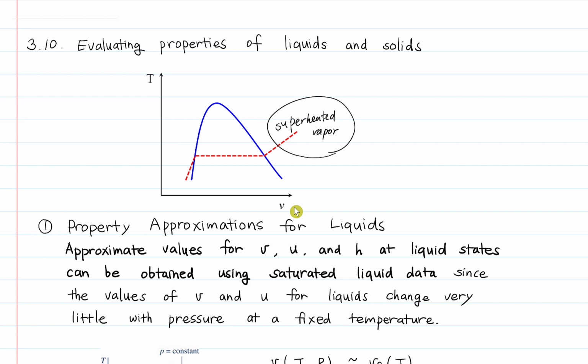The saturated mixture is inside the vapor dome. And the left side of the saturated liquid line is the compressed liquid region, or subcooled liquid region.